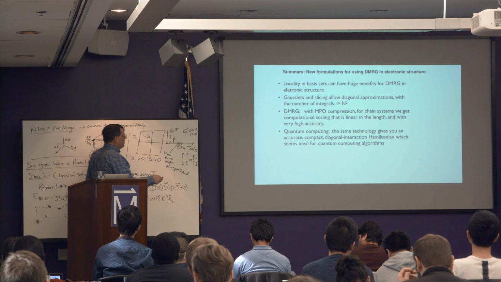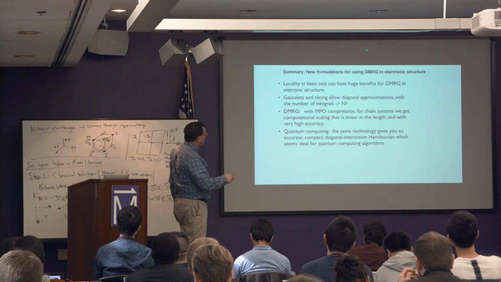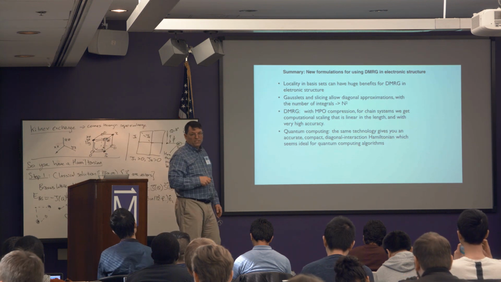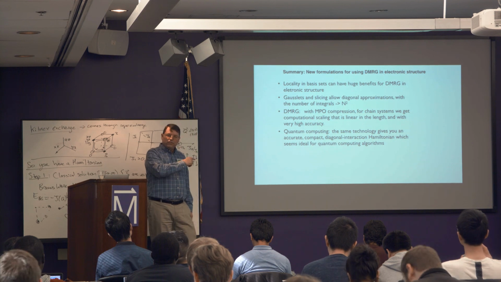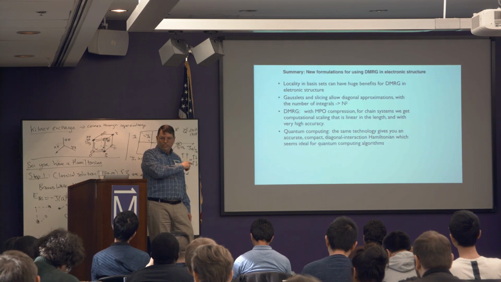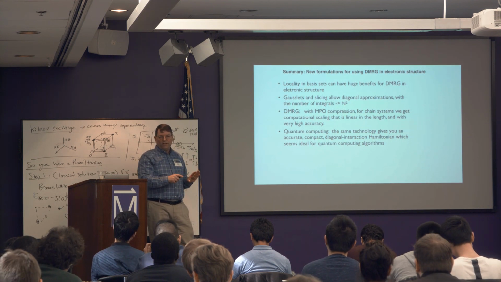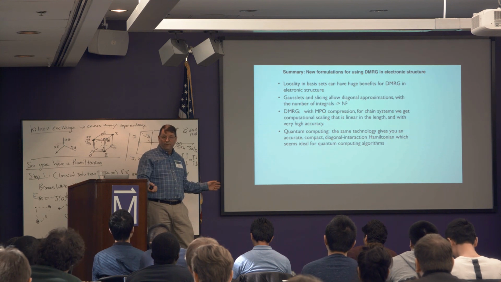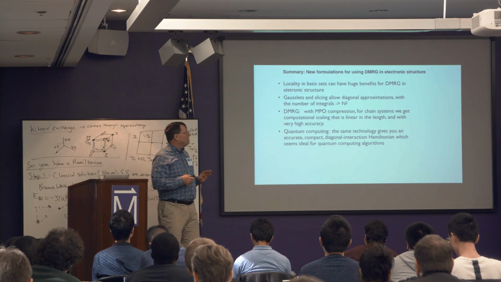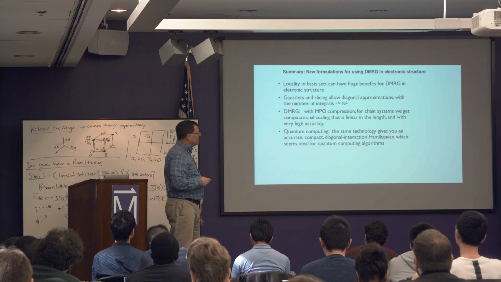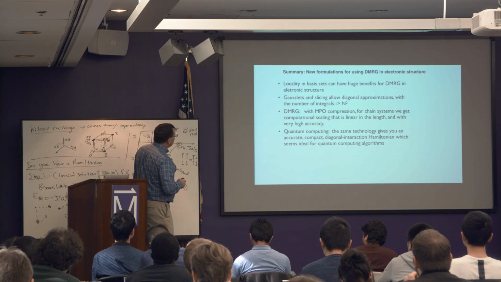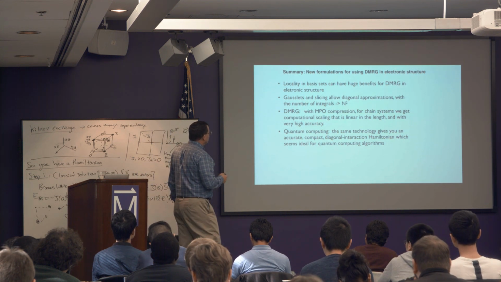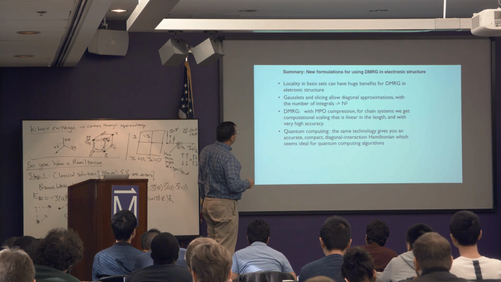Okay, and in particular, the locality in the basis sets can have a huge benefit in doing the DMRG for electronic structure. I haven't shown you any fancy DMRG. The DMRG at the end of the calculation, after you set it up, was standard and pretty easy. Okay, well, there was the compression trick, but other than that. The setup makes a huge difference, okay?